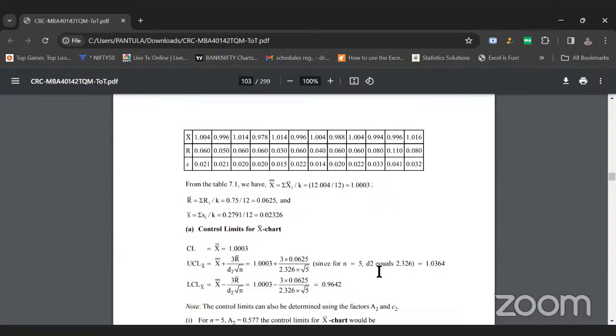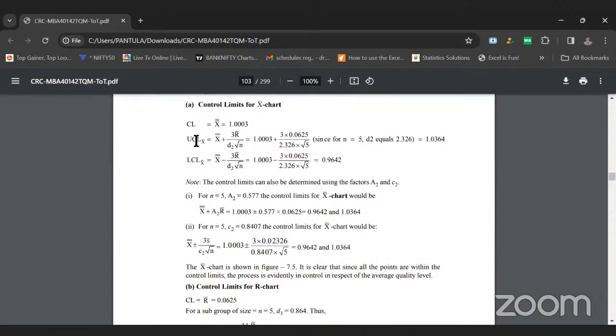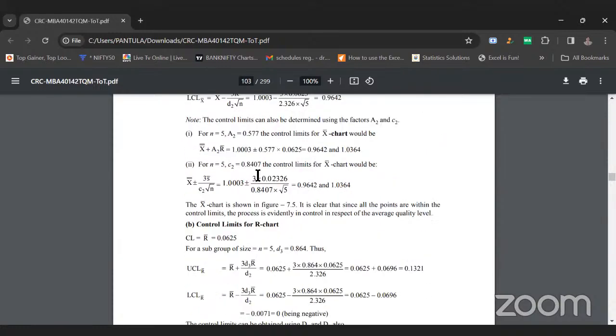Sample size here is 5, and D2 is equal to 2.234. So here, this is 0.2234. Then we will get this upper control limit as well. And here the control limits can also be determined using the factors A2 and C2. So here n is equal to 5, A2 is equal to 0.59, and X. So this is how we are going to calculate.